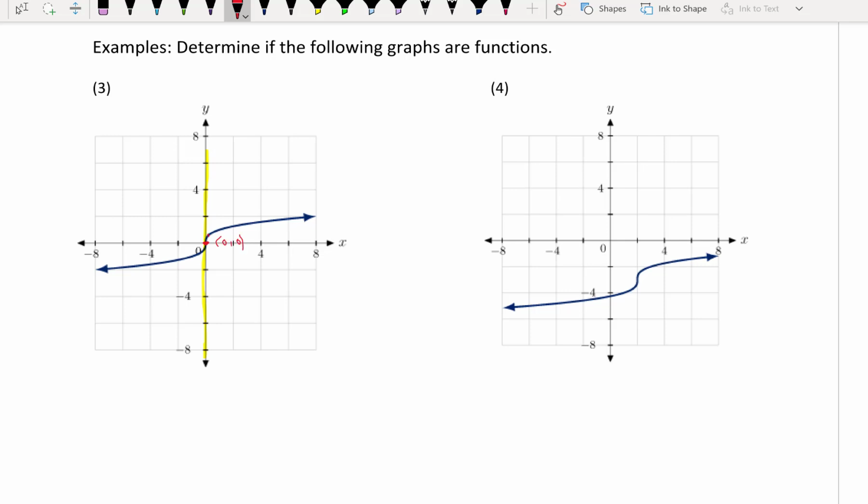But then this one would be, let's say, 0.00001, comma, 0.000001. So this is not repeating. So this is going to be yes, it passes the vertical line test. So you can say this is yes, a function.